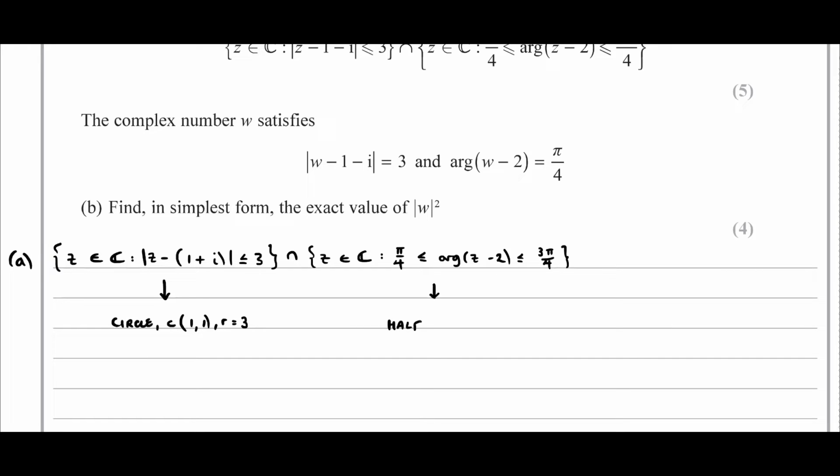So we have a half line from the point 2, 0.